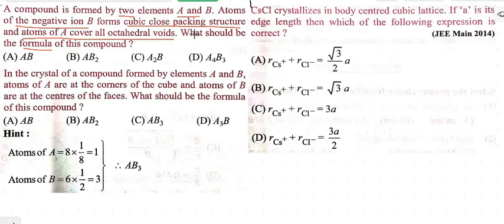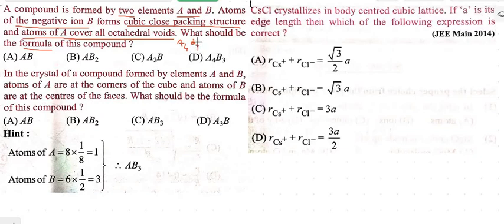Why so? Because if the octahedral voids are N, then the tetrahedral voids would be 2N, depending on the number of atoms. Okay, so the number of atoms in cubic close pack structure is 4, and therefore the octahedral voids also become 4, and the formula would become A4B4.